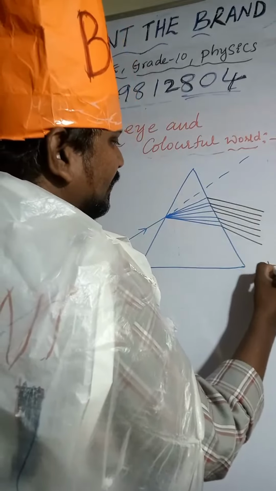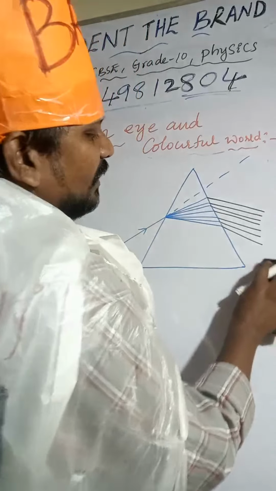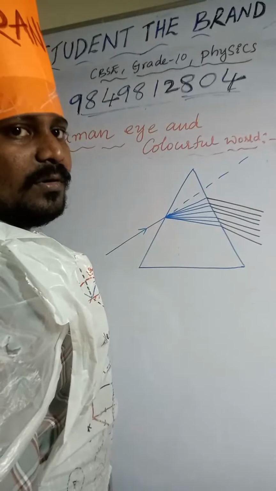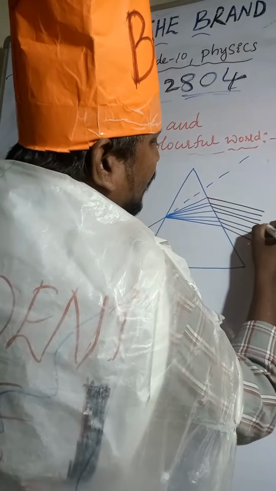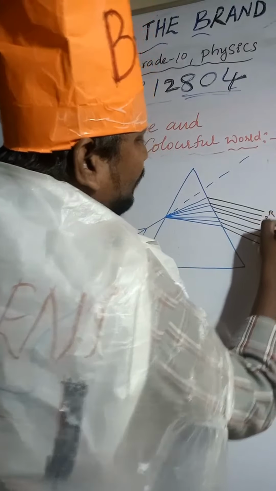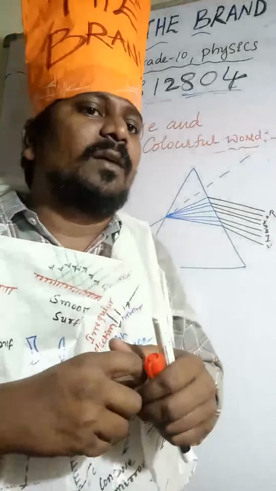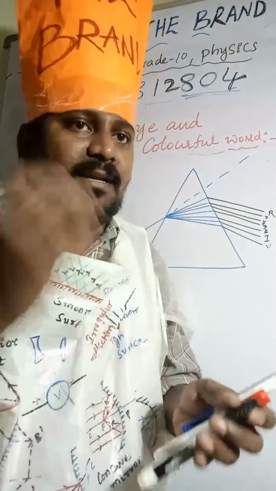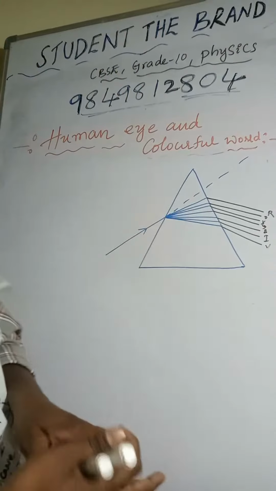The order is violet, indigo, blue, green, yellow, orange, red. VIBGYOR. When a light ray passes through the prism, it splits into 7 colors.